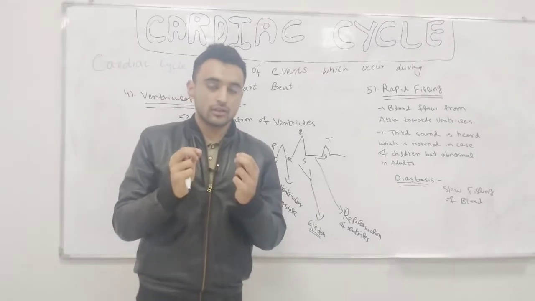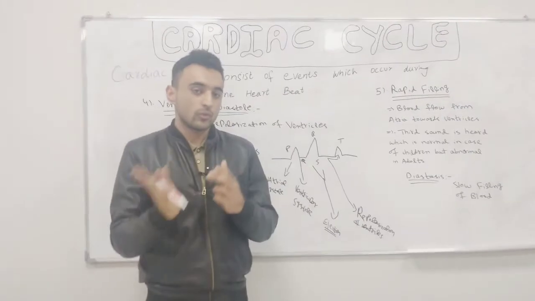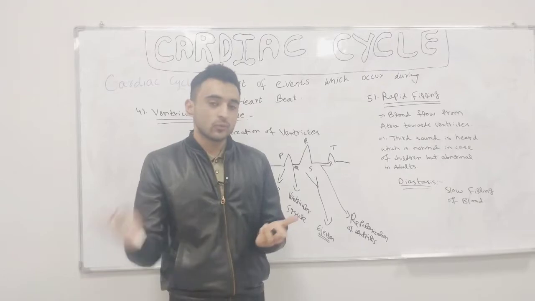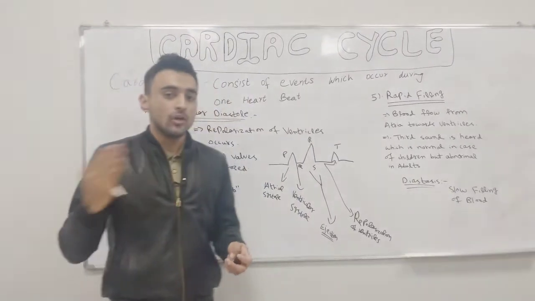The atria are contracted and the ventricles are relaxed, so the blood again flows from the atria towards the ventricles, and the cycle continues to proceed.